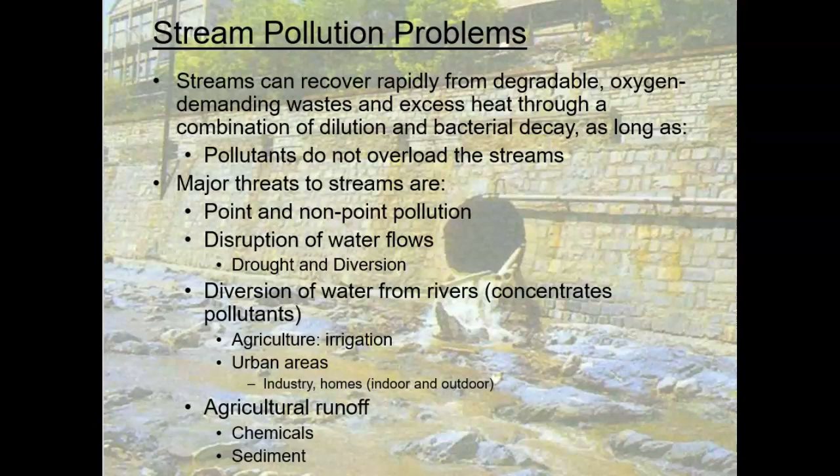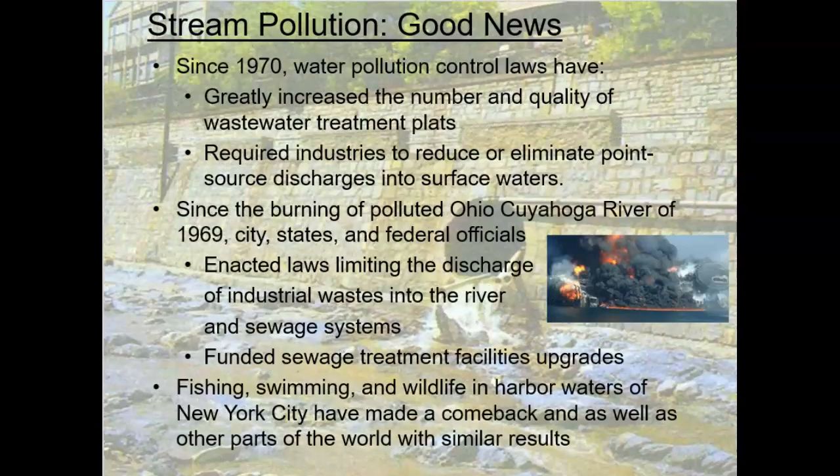Other things that can threaten these streams would be a diversion of water from them, so that you have less water coming through, which then concentrates the pollutants in there, and agricultural runoff. Agricultural runoff includes herbicides, pesticides, insecticides, rodenticides, and sediment. This means dirt that runs off with poor practices.